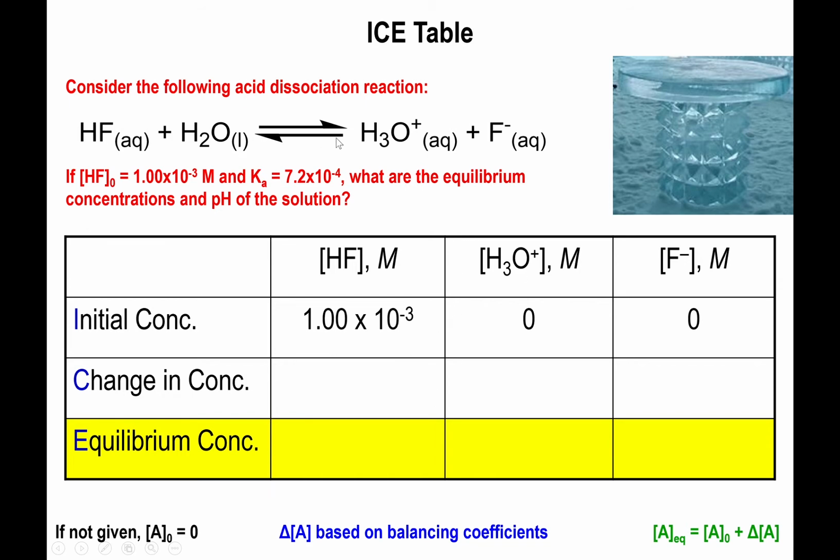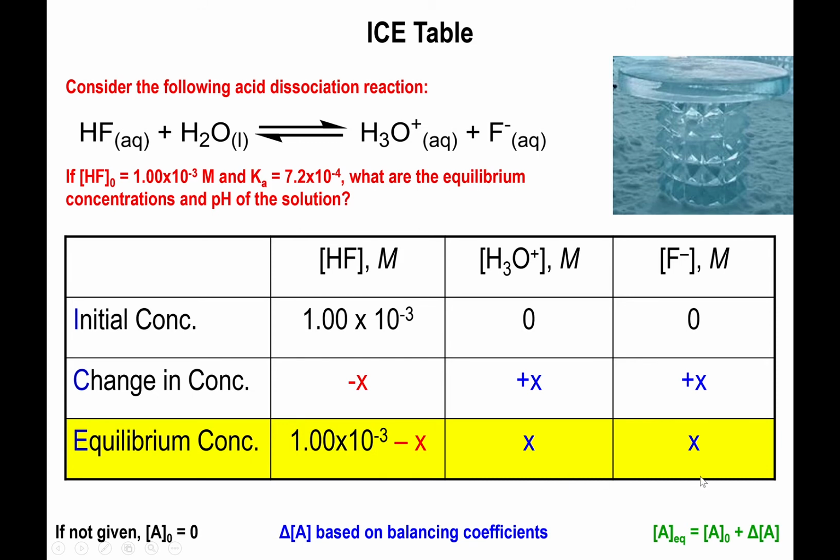Now the changes in concentration for acid-base reactions are kind of convenient because generally stated we are looking at reactions between conjugate pairs. And so the balancing coefficients by default are going to be 1 to 1. So the changes are going to be minus x and plus x. Plus x for the things you're forming, minus x for the things that you're reacting away. So you end up finding out your equilibrium concentration upon adding the two rows together.